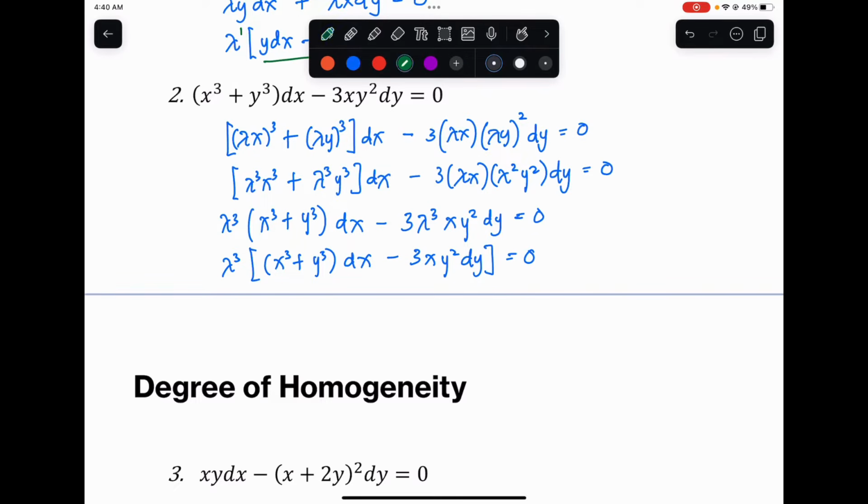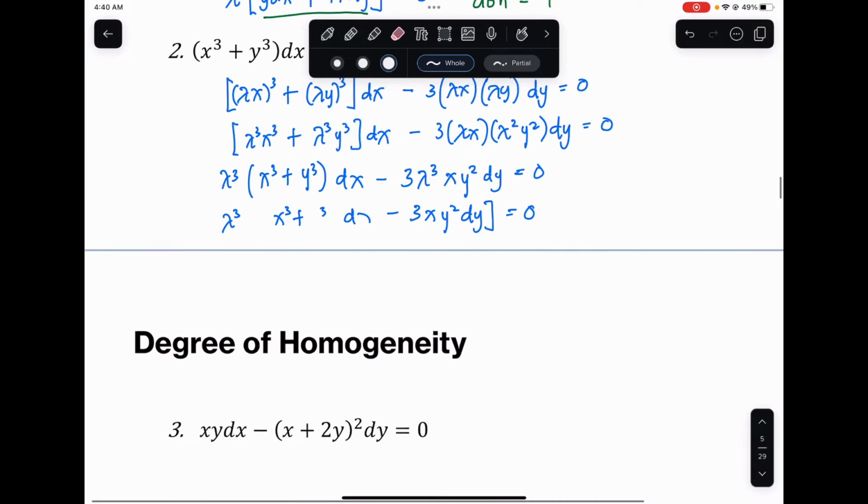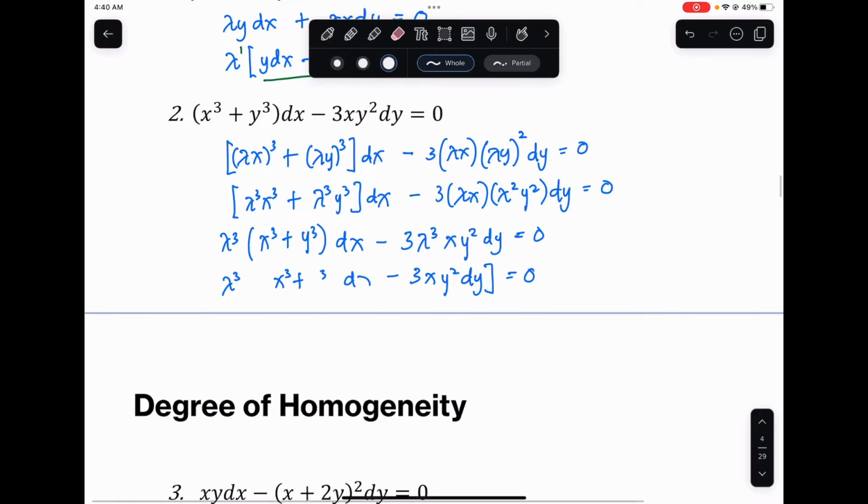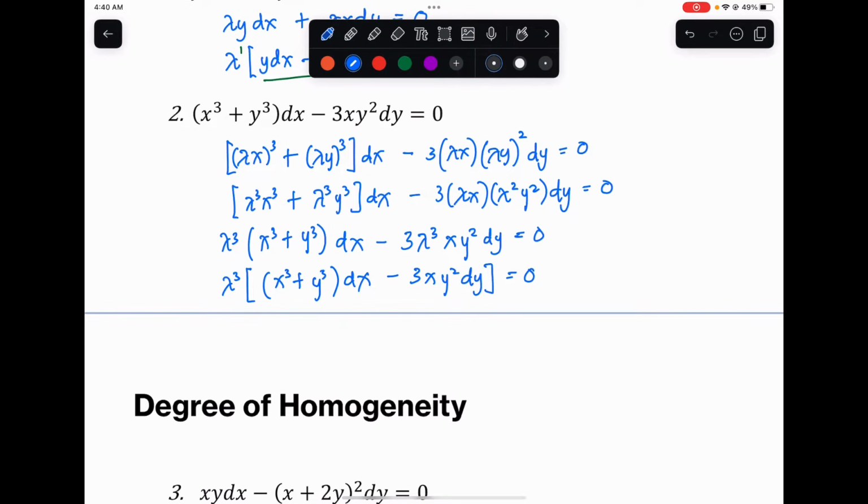And thus, again, this is the original equation, x cubed plus y cubed dx minus 3xy squared dy. So it is similar to the original equation, and we were able to factor out lambda cubed.